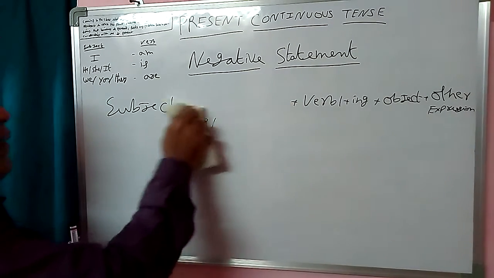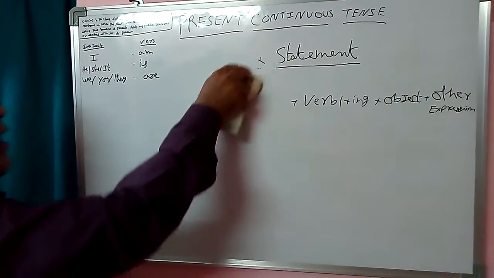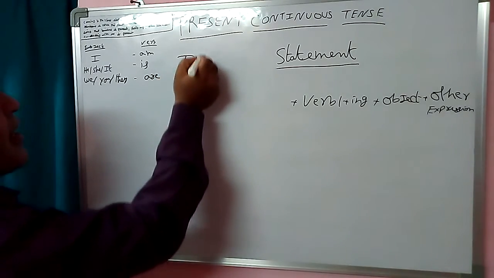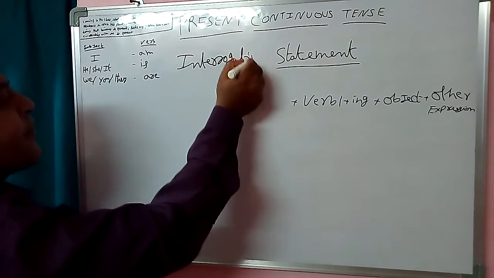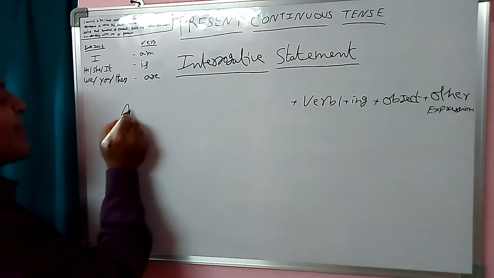Now I am going to write interrogative statement. Interrogative statement rule is auxiliary verb.